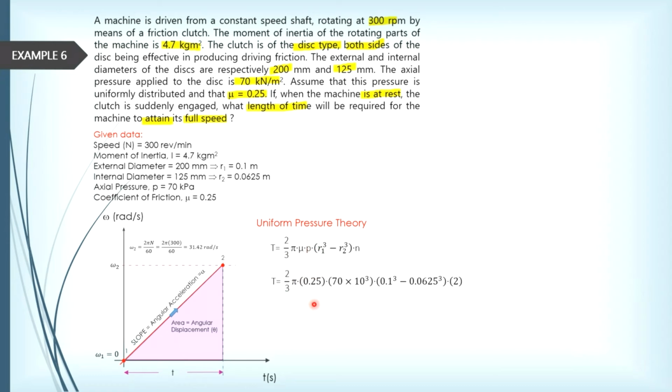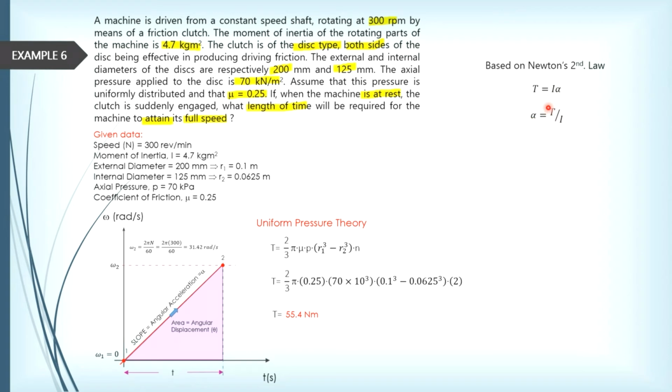So you have the torque transmitted, that is 55.4 Newton meter. Then based on Newton's second law, remember for rotating objects, you have T equals the product of the moment of inertia and the angular acceleration. From this, you will be able to find the angular acceleration alpha.